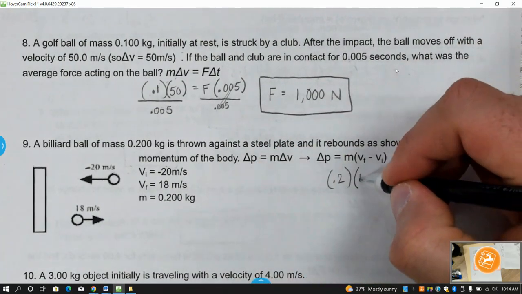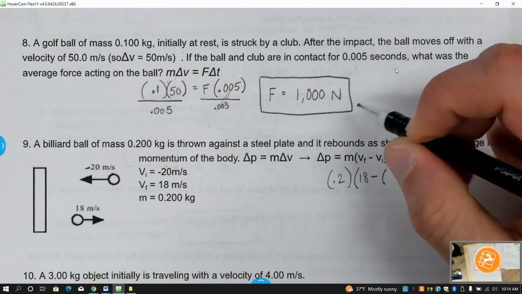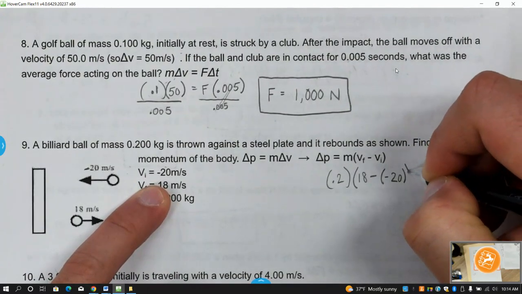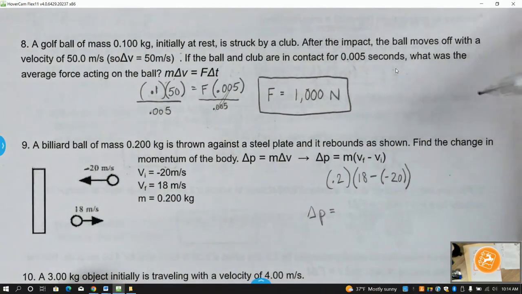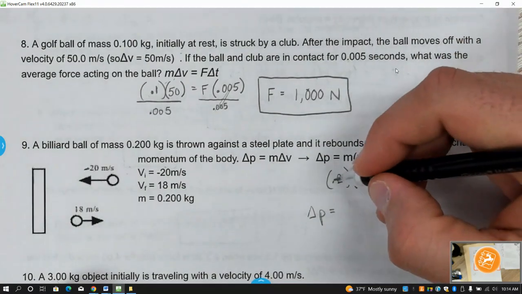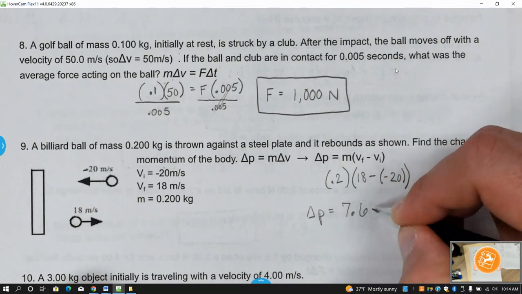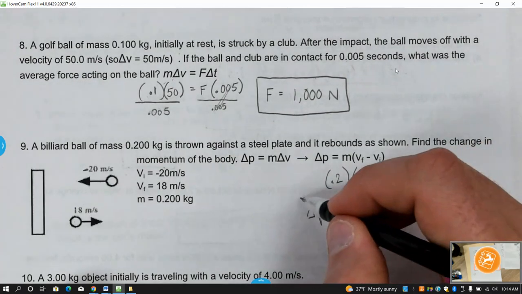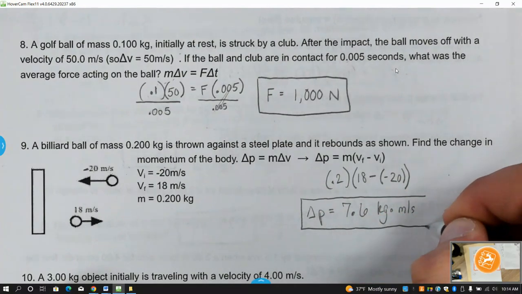My final velocity is 18 minus my initial velocity, which was negative 20. So 18 minus a negative 20 becomes positive 38. Positive 38 times 0.2 gives you 7.6 kilogram meters per second of change in momentum.